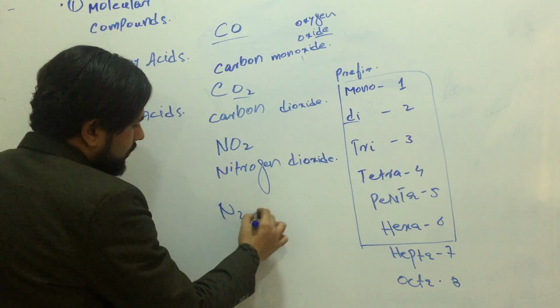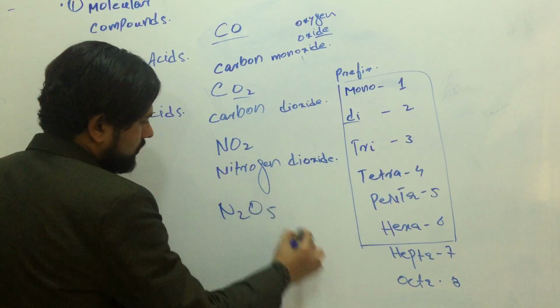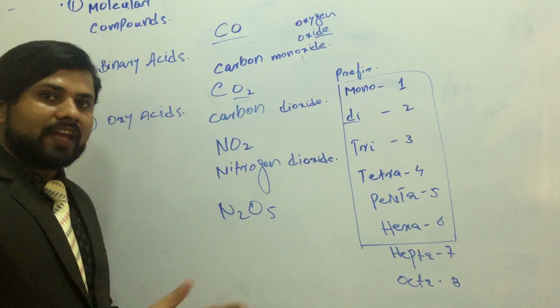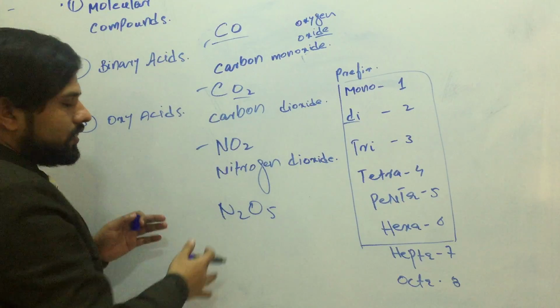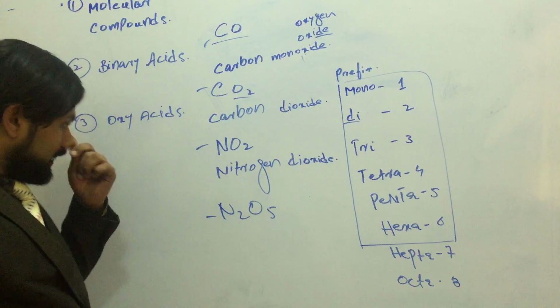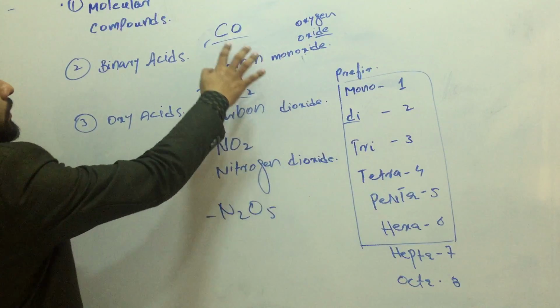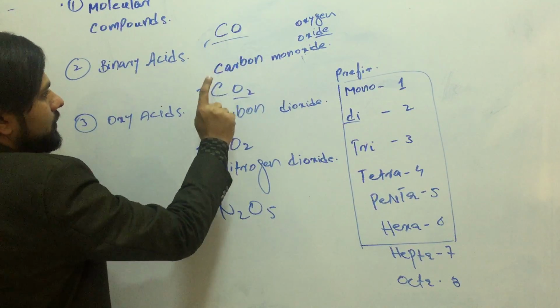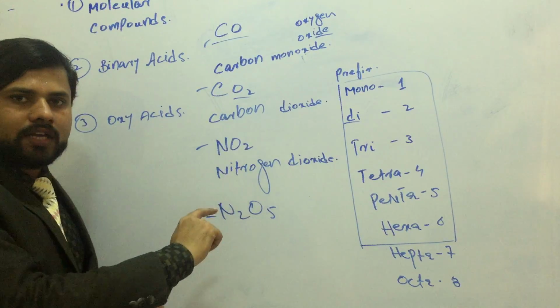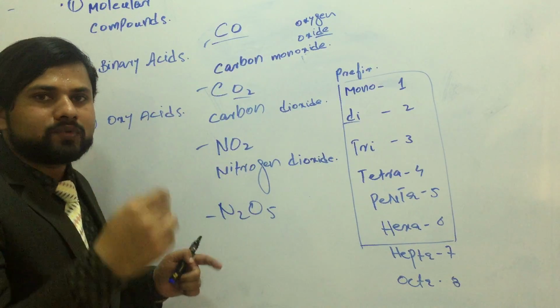Let me just write one compound, N2O5. What do you think about that? Look at the difference between these 3 compounds and this fourth one. The difference is that here you were given the first element with one atom of carbon, one atom of nitrogen, but over here 2 atoms of nitrogen.